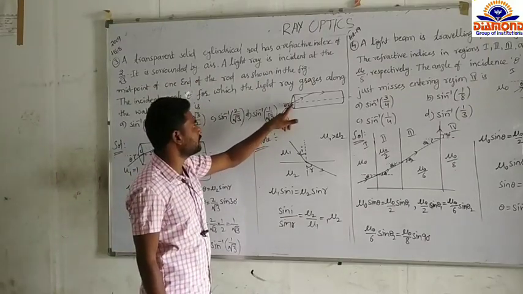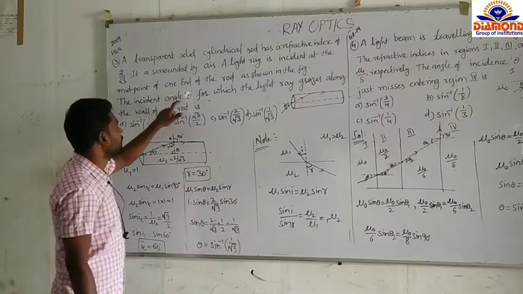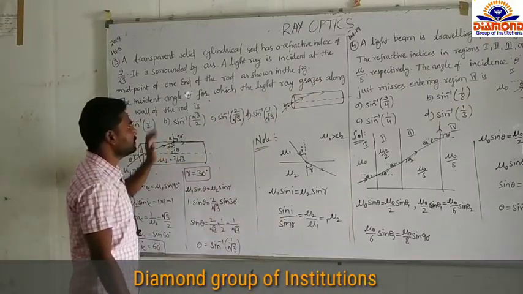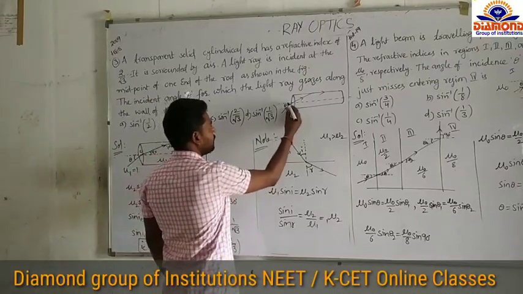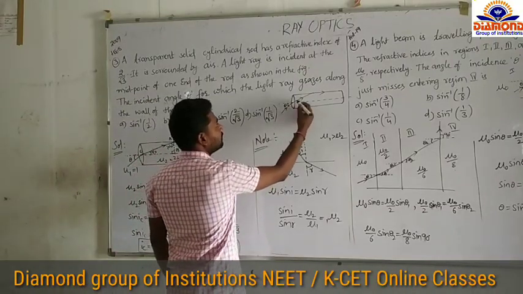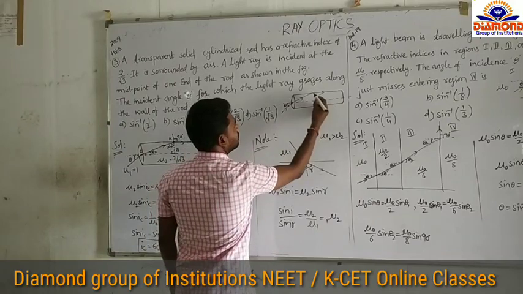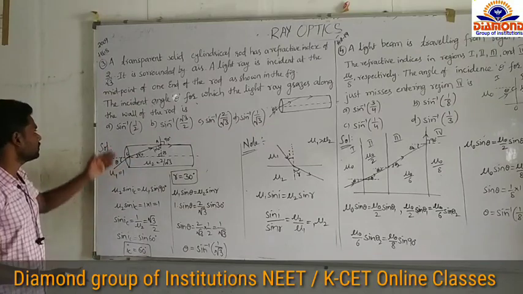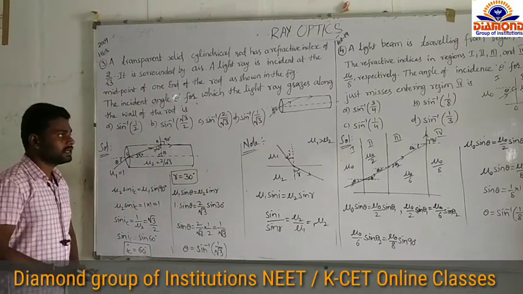Find the incident angle theta for which the light ray grazes along the wall of the rod. So what is the angle? This one we have to find. For which angle this ray grazes along the wall of the rod. Given options are A, B, C, D.